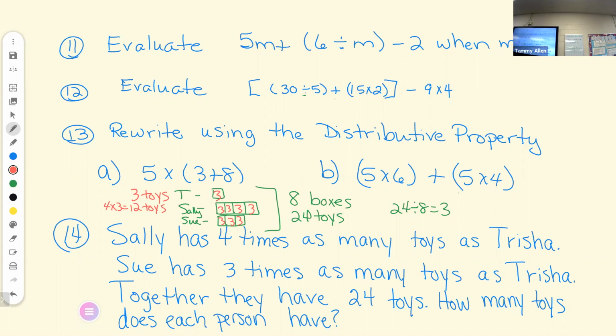How do we figure out how many toys Sue has? You multiply 3 by 3. These toys need to add up to what? 24. Do they add up to 24? Questions on that? This was out of 15 today. Please record your score.